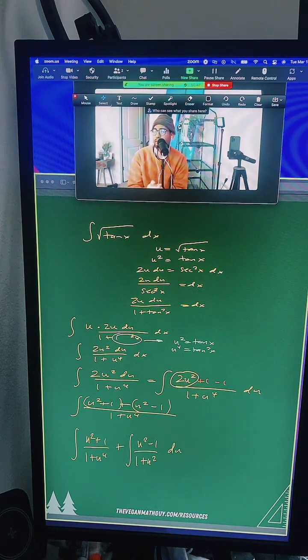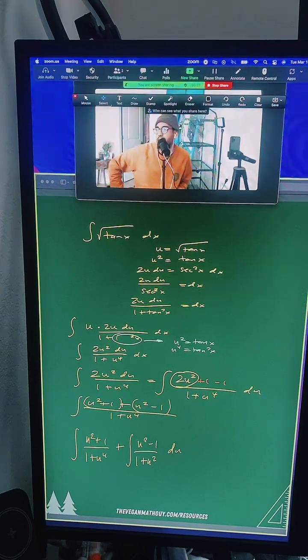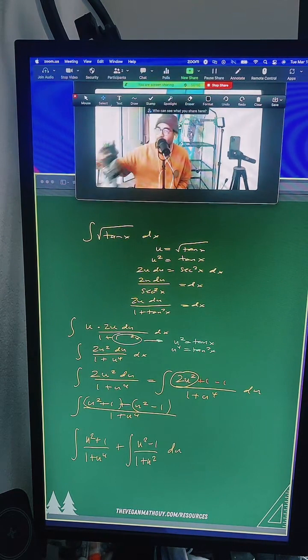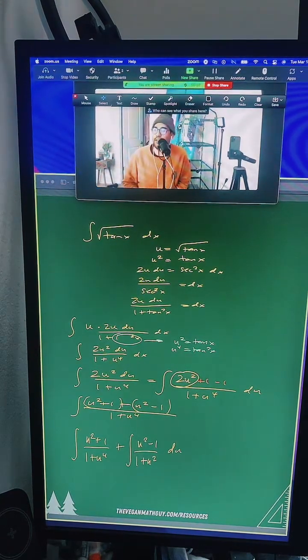Can you do partial fractions there? Yeah. I know, u to the 4th, I just don't like it. Does the sum of u to the 4th have a factorization?